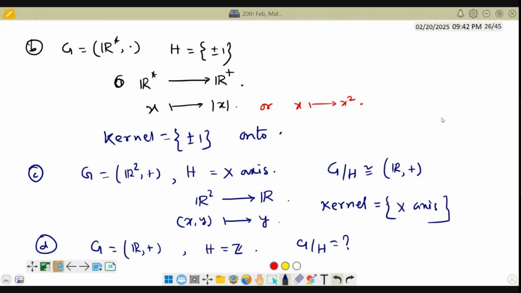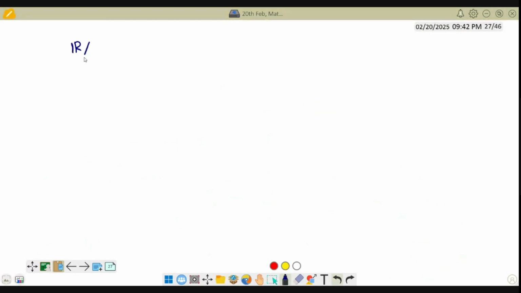It is isomorphic to S1. Yes. So for this you need R to S1, x goes to e to the power 2 pi i x. Kernel will be Z. Hence, R mod Z, this is onto, R mod Z is isomorphic to S1.